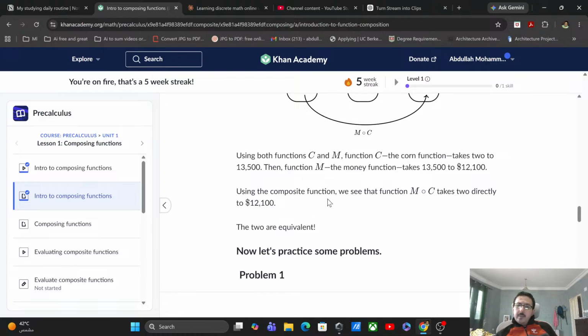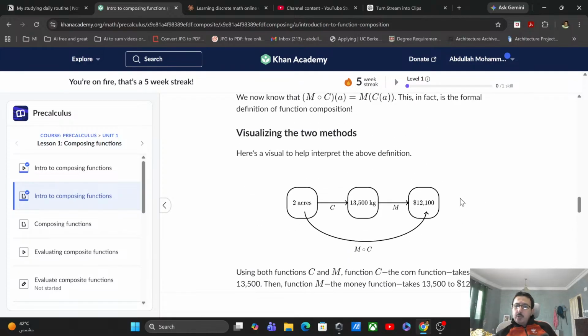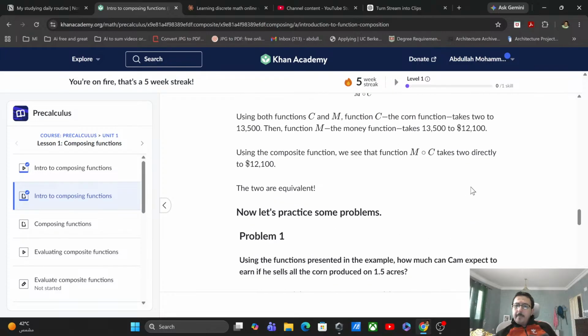Using the composite function, we see that function M composed with C takes 2 directly to 1200. The two are equivalent.